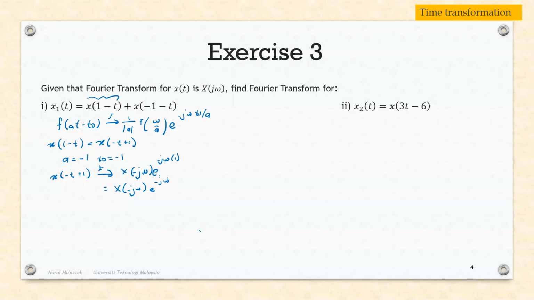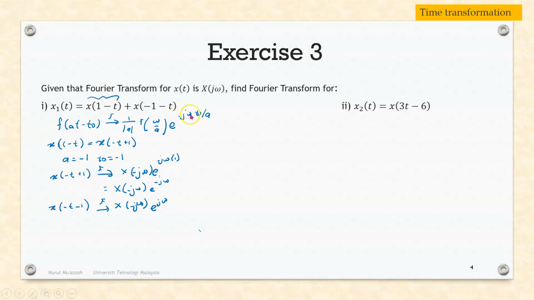For the second part, we rearrange so that negative t is on the left side: x(-t - 1). From here you identify that a is equal to negative 1 and t0 is equal to 1. So straight away you use this formula and you get X(-jω), and for this one the exponent is positive jω.